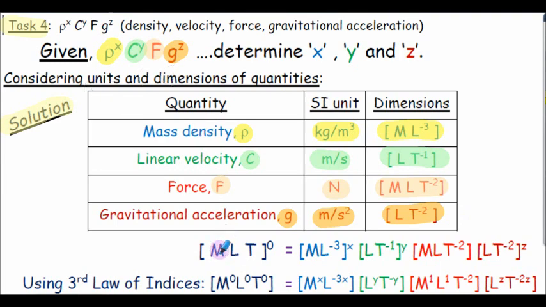The left-hand side is equal to M L T to the power 0, and on the right-hand side we have the mass density raised to the power of x, velocity raised to the power of y, the force, and the gravitational acceleration raised to the power of z. On the next slide, I'll just use the third law of indices again to more clearly express the variables and their associated powers. And that's just for clarity when we equate the various indices on the next slide.